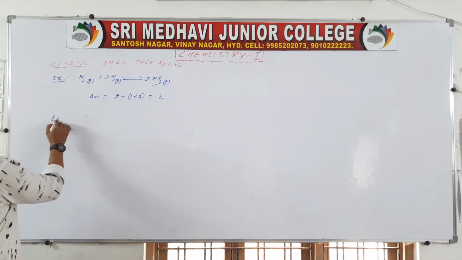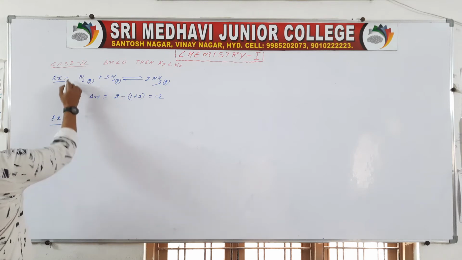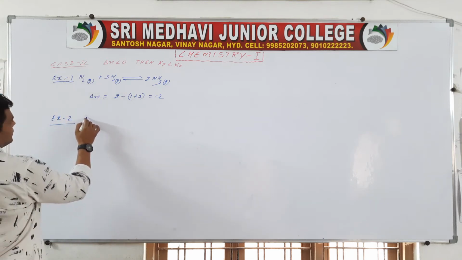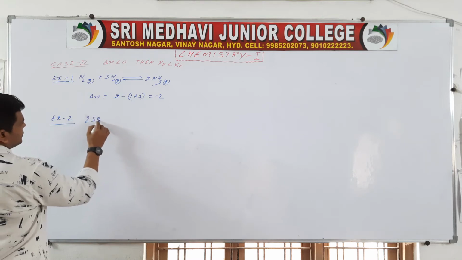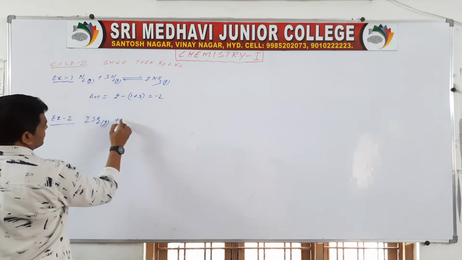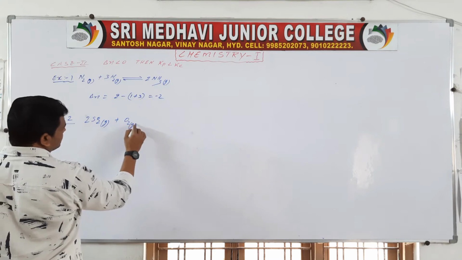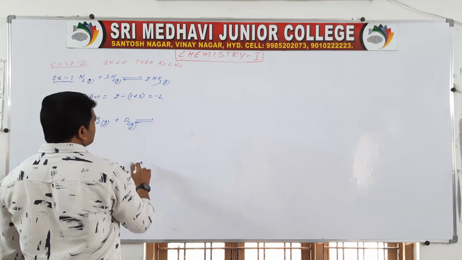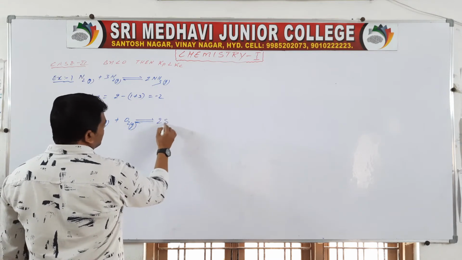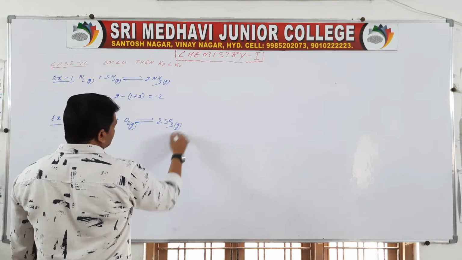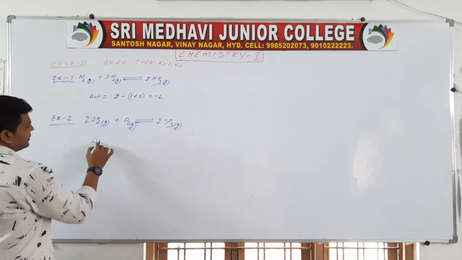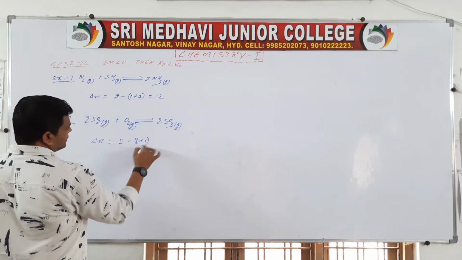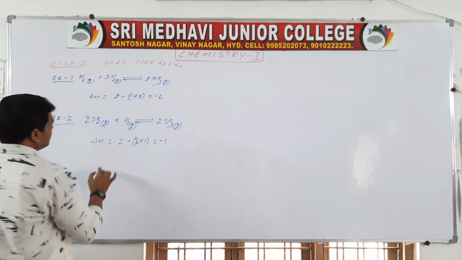One more example: 2SO2 gas plus O2 gas gives rise to 2SO3 gas. Delta n equals 2 minus 2 plus 1, which is equal to minus 1.